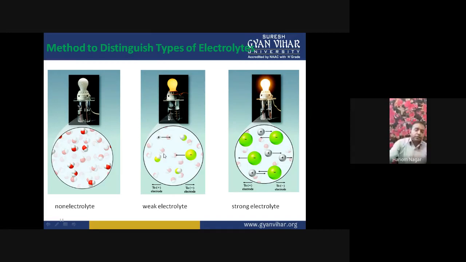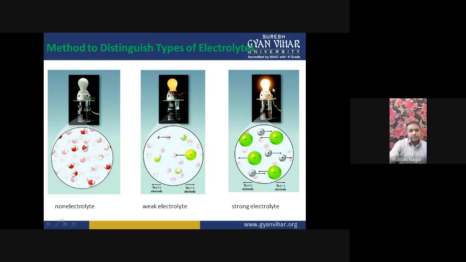Due to the flow of these ions there is conduction of electricity, but not too much, because only a few compounds are dissociated into ions. There is migration of only a few ions towards the electrodes, and this produces electricity at a very low level. So this is called the weak electrolytic solution.